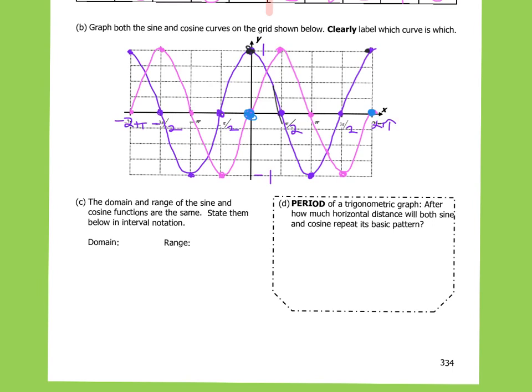So if I look at these graphs from left to right, even though I'm stopping at negative 2 pi and 2 pi, there's nothing to indicate that the graph would actually stop there. And if you were to graph these on your calculator, you would see that it would fill up the whole screen. So the domain for the cosine is negative infinity to infinity.